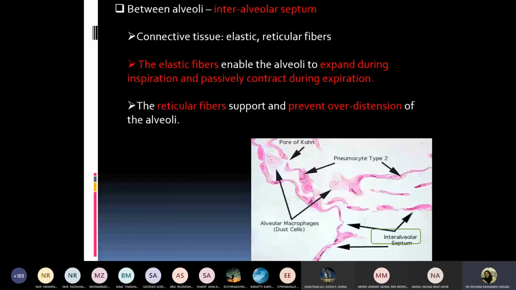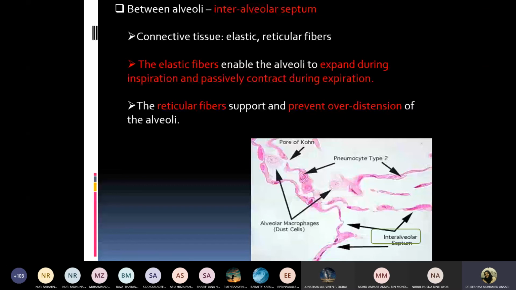In between the alveoli is where you will have an interalveolar septum. In between two alveoli, though it might look like just one alveolus, you will have a small septum. This septum has elastic fibers and reticular fibers, plus a few macrophages. Why does it have elastic fibers? So that you expand, and with elasticity, you contract your alveoli.